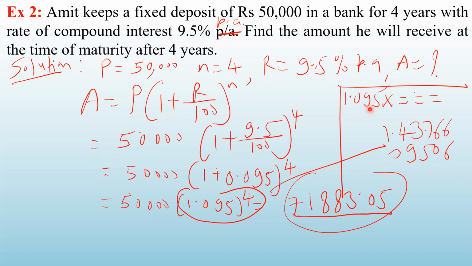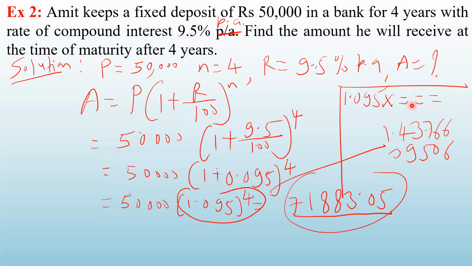You will see that this will give you 1.4376609506. So for 1.095 raised to power 4, you have to press that number first, 1.095, then press multiplication and then the equals sign 3 times. If the power is 5 here, then equals sign 4 times.